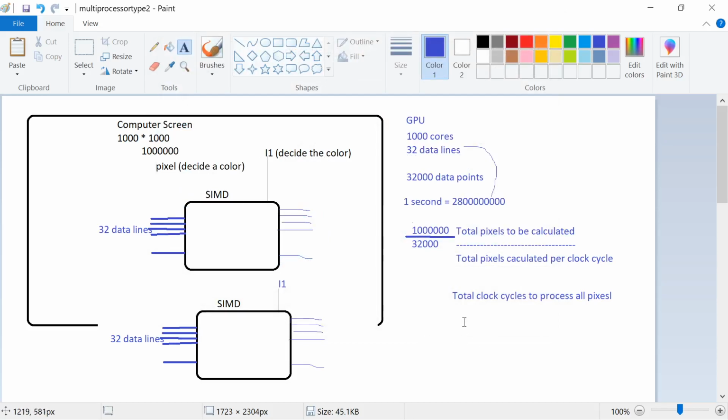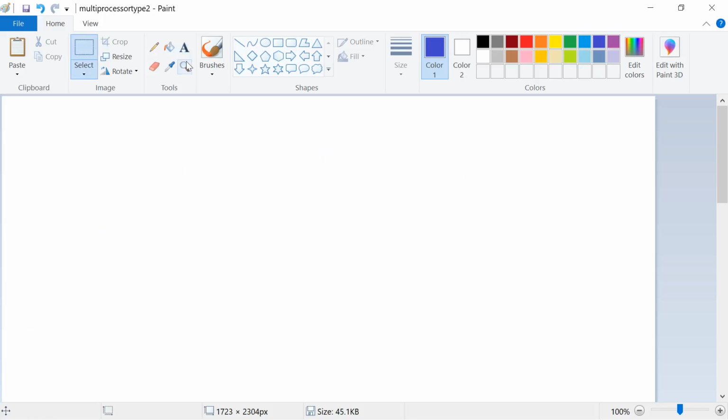So the question comes, what is your CPU then, right? GPU is a combination of all SIMD processor cores. Then what type is a CPU? It depends on your computer actually, but I'll give you an example of my laptop.